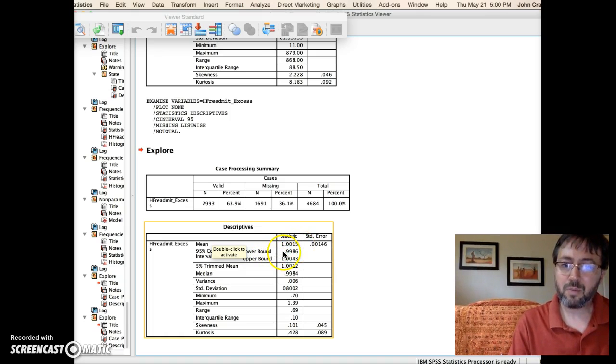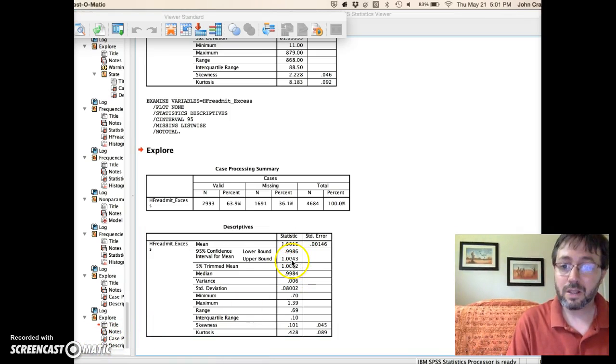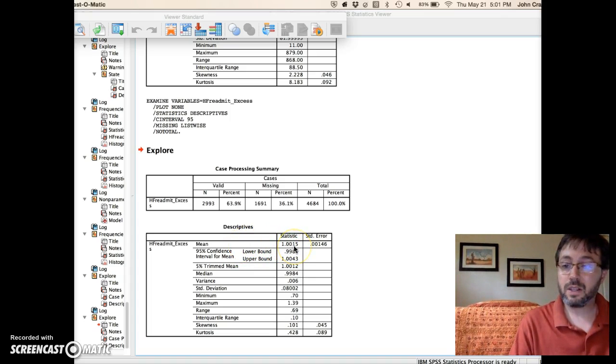And this 95% confidence interval here reports that 95% of all values fall between 0.999 and 1.000 when we're considering how much confidence we have in our estimate of the mean. So this gets toward our analytic statistics, which we'll talk about a bit more later today. But that is the 95% confidence interval around the mean estimate.